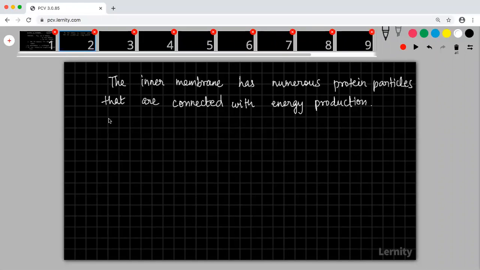Okay. They contain enzymes that are involved in electron transport chain.